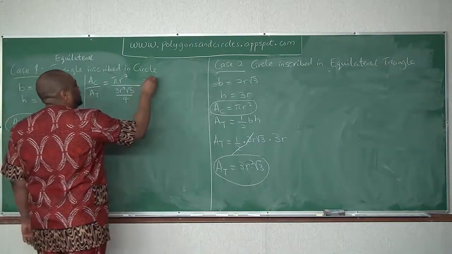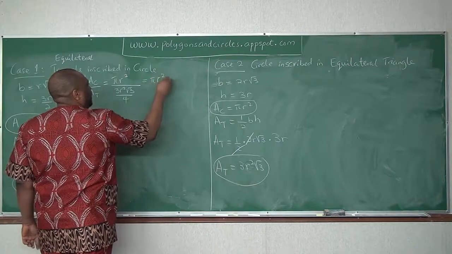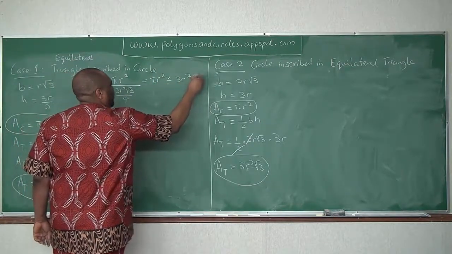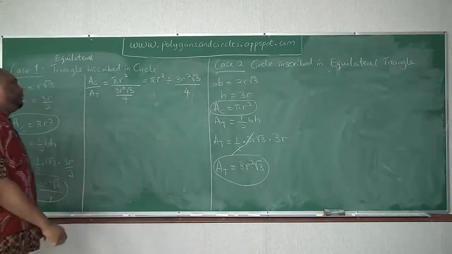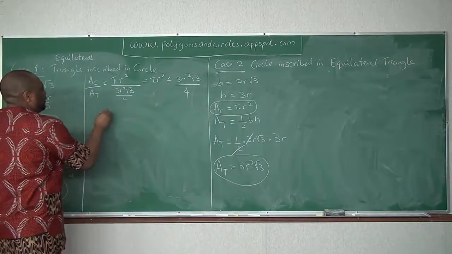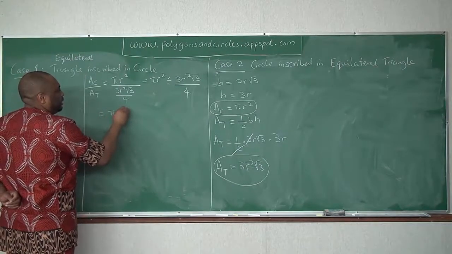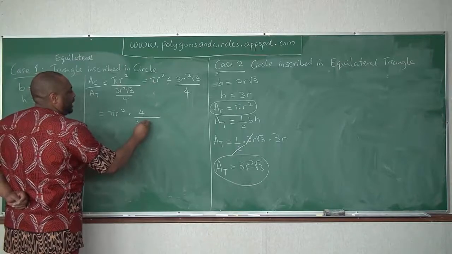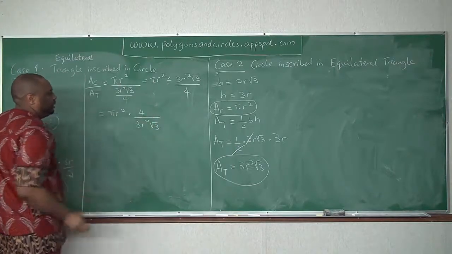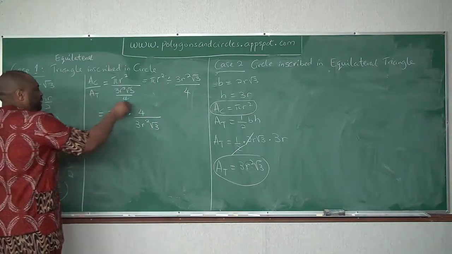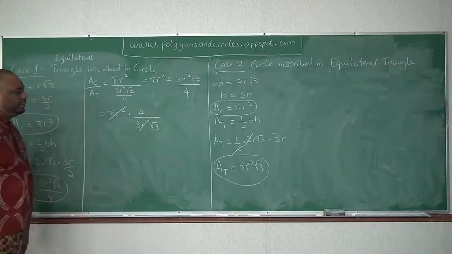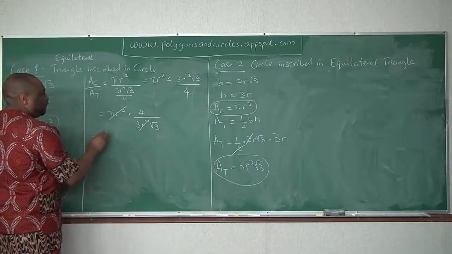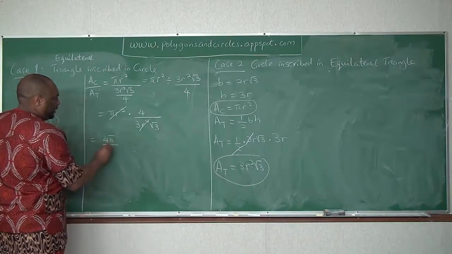So this means pi r squared divided by 3r squared root 3 all over 4. This will give us pi r squared times 4 over 3r squared root 3. Okay, so we have that r squared crosses out r squared, and we now have 4 pi over 3 root 3.